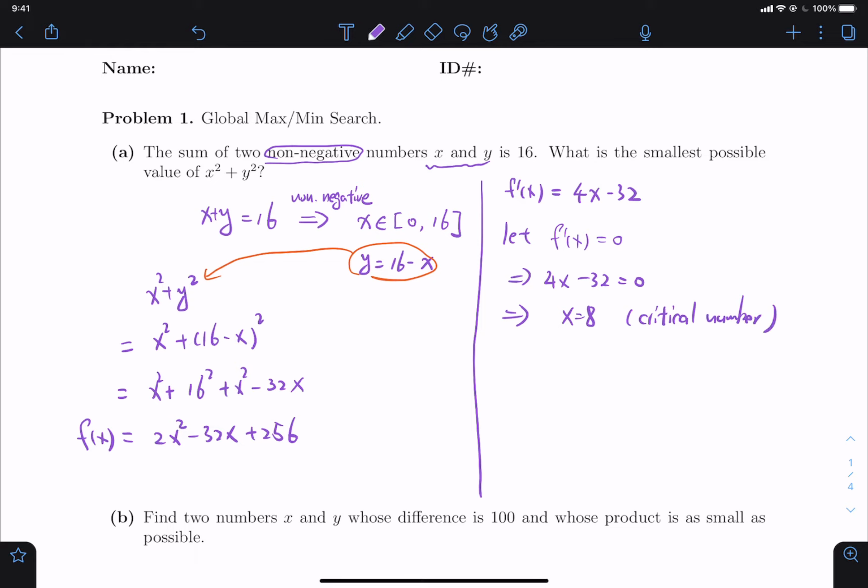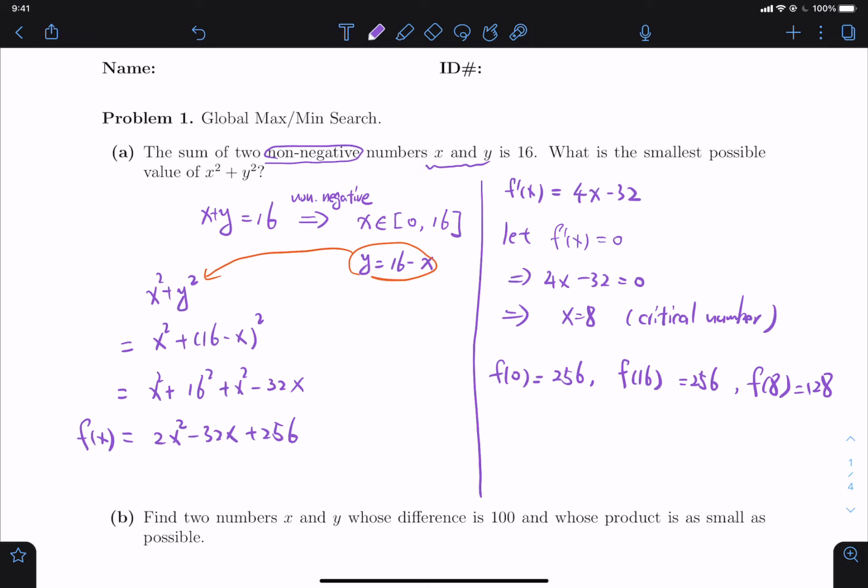Since we're working on this closed interval, we just need to plug in the critical number as well as the endpoints into the target function to see which one is the max and which one is the min. f of 0 gives you 256, and plugging in the other endpoint, 16, also gives you 256. Plugging in the critical number, f of 8 gives you 128.